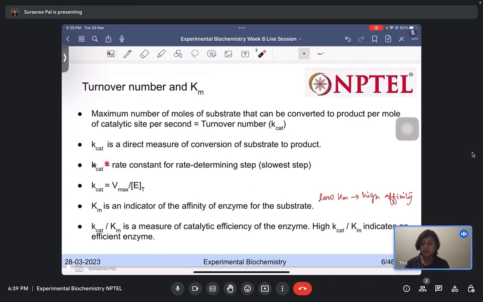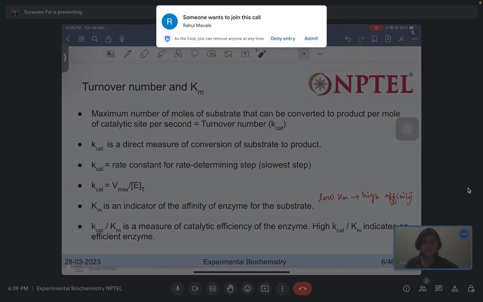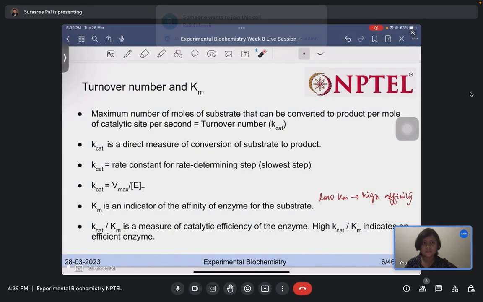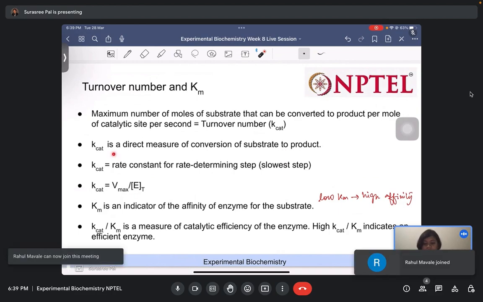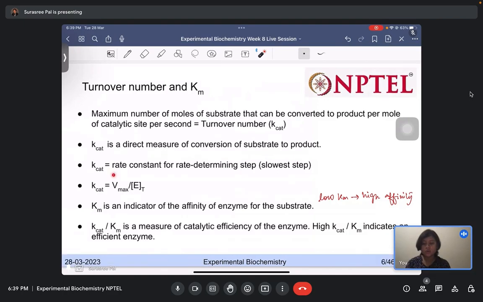This turnover number, which we denote as kcat, is a direct measure of the conversion of substrate to product. We can also determine kcat as the rate constant for the rate determining step.